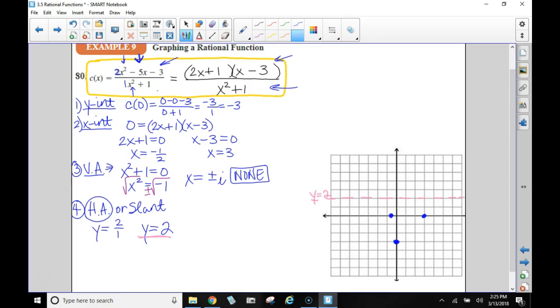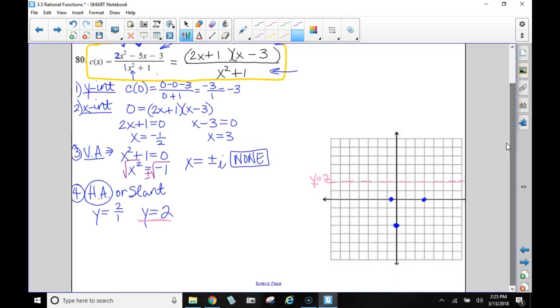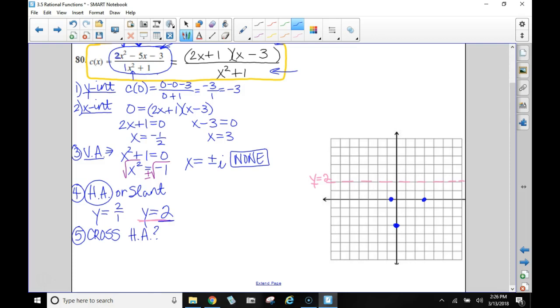All right, the next thing we're going to see is, does our function cross the horizontal asymptote? That's the next thing to see. And I'm going to clean this up in just a minute. Does that function there ever take on a value of 2?